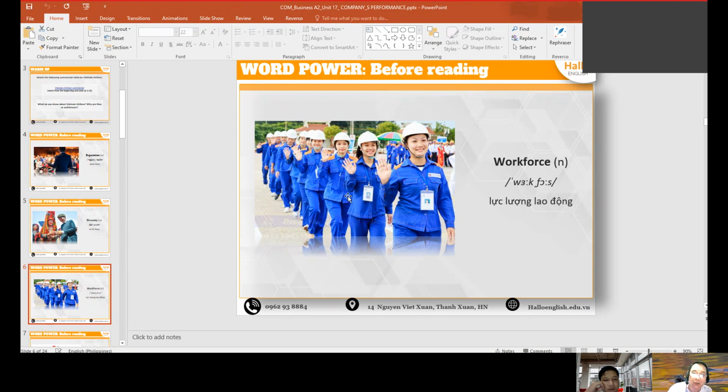Without an employee, there would be no workforce. Without employees, the company will not exist, right? Because who's going to work for the manager? No one works for the manager if we don't have an employee, right?